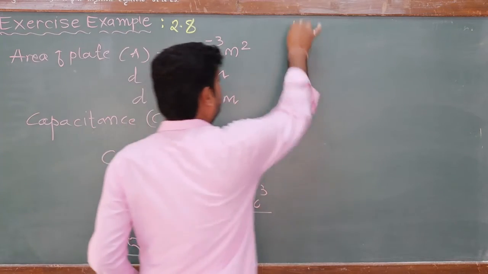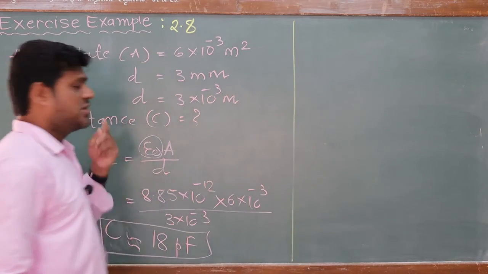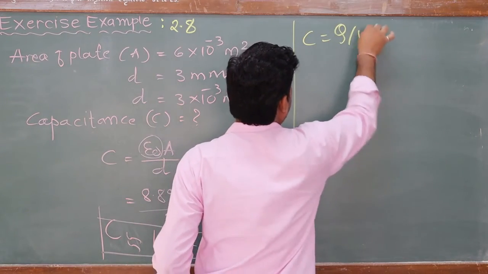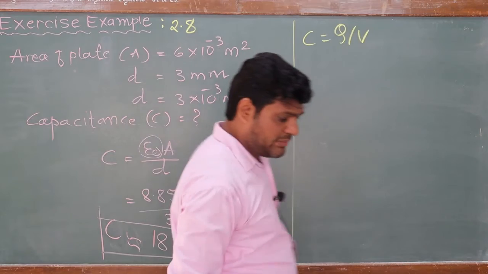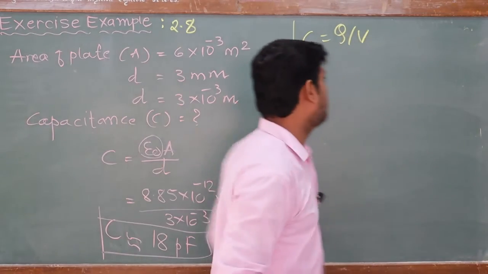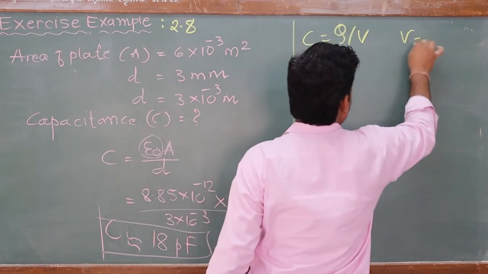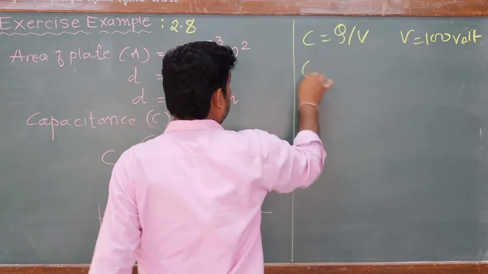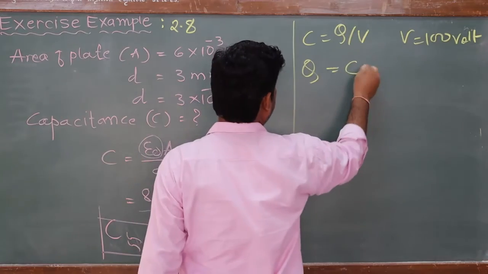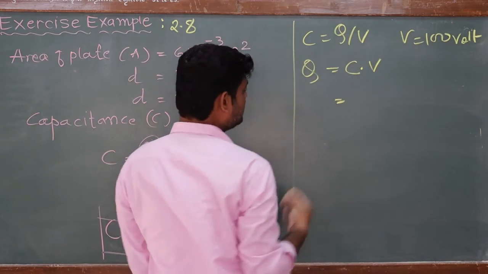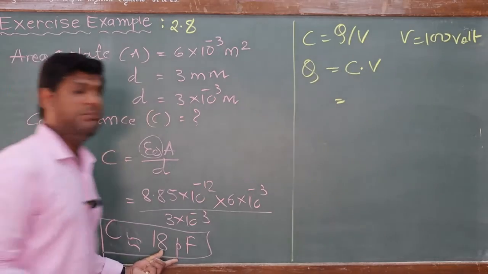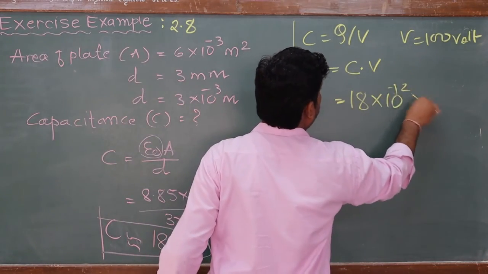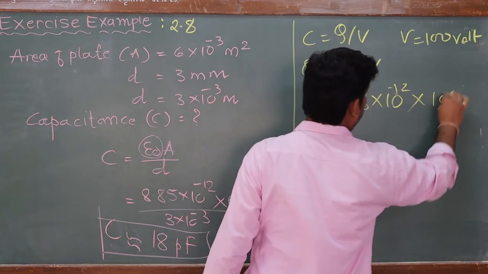The next question: what is the charge on such a capacitor? Again we know the basic formula, C equal to Q by V. When the capacitor is connected to a 100 volt supply, V is 100 volts. So charge equal to C into V. C we have already calculated as 18 picofarad, so write 18 into 10 to the power minus 12, and V equal to 100 volt.